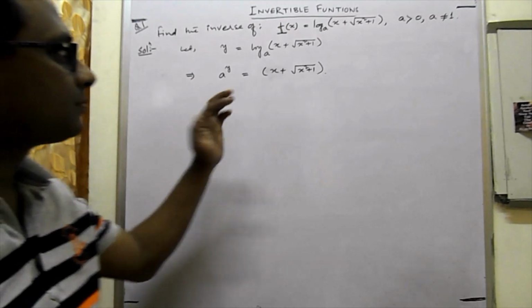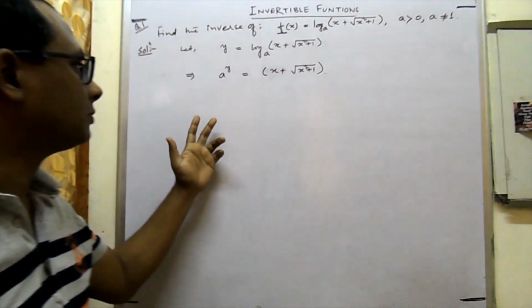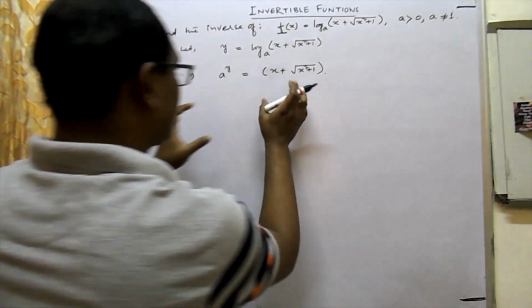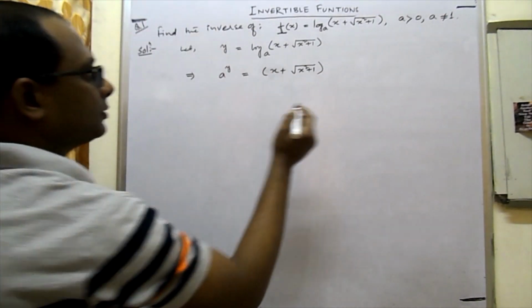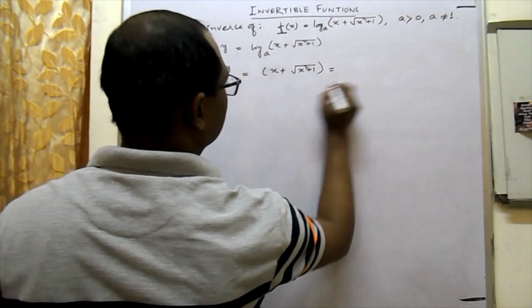Now the second step was to find x in terms of y. In this particular function it will be very difficult to find in general, so we'll try to rationalize it.